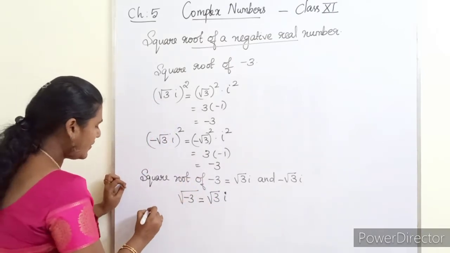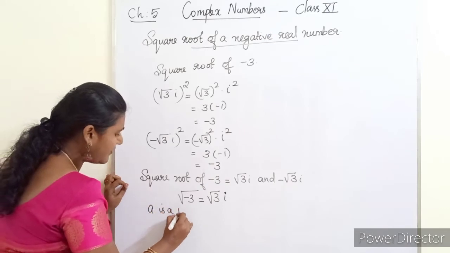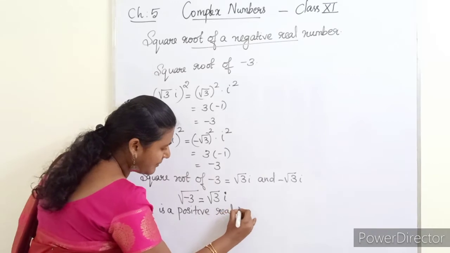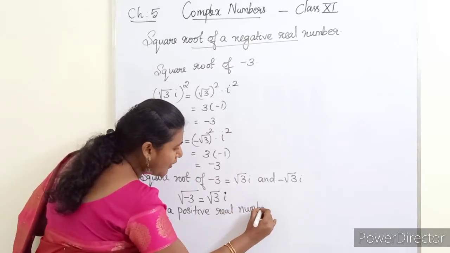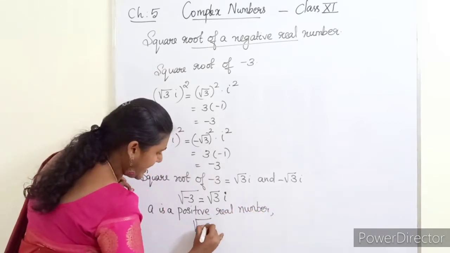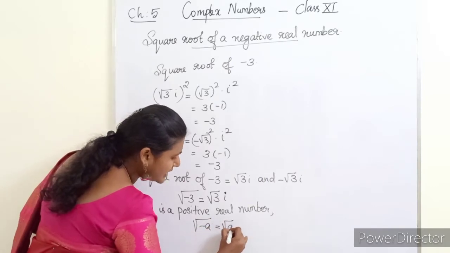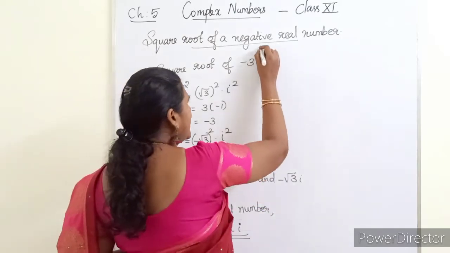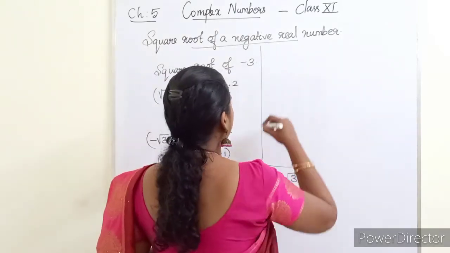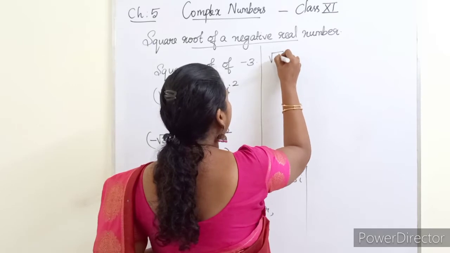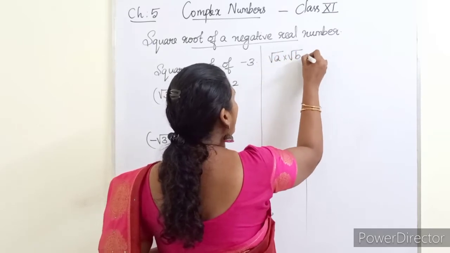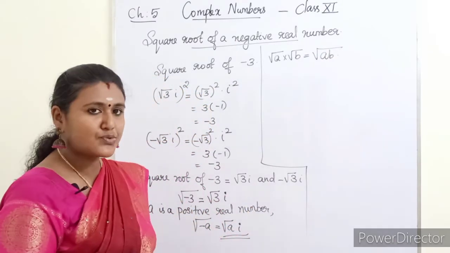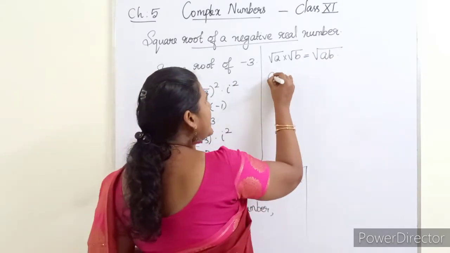So if a is a positive real number, then root of minus a is equal to root a i. Now in class 9 you have studied in the real number chapter, root a into root b. What is its formula? Root of ab. Actually this result is true if a and b are positive.